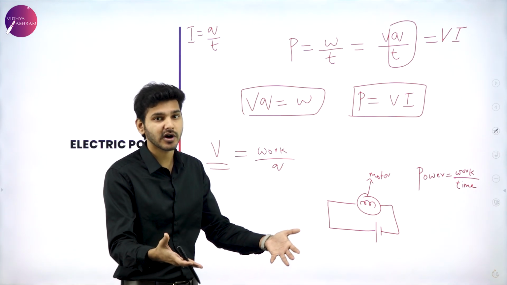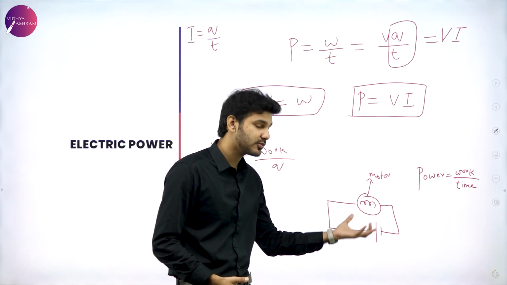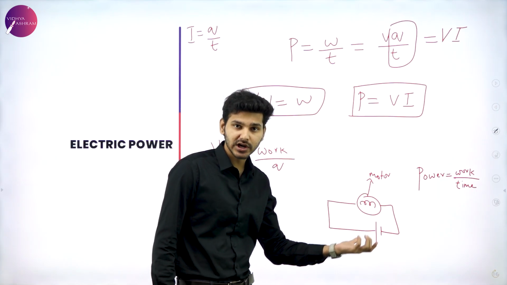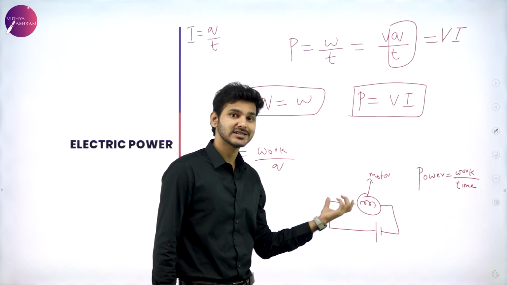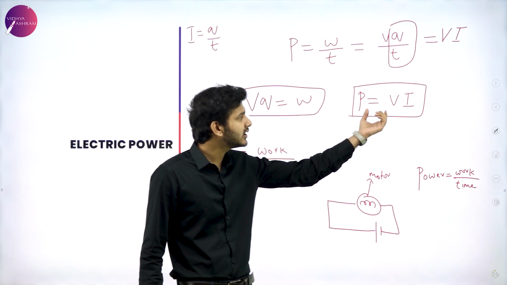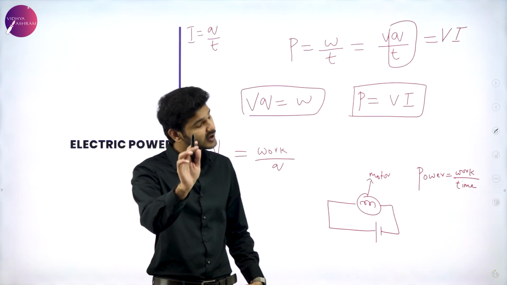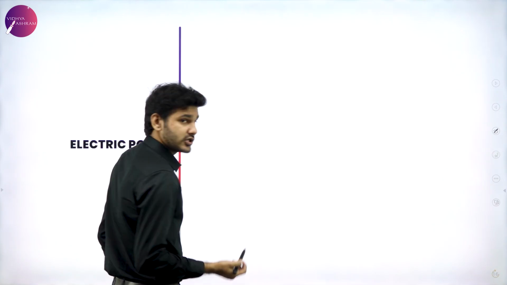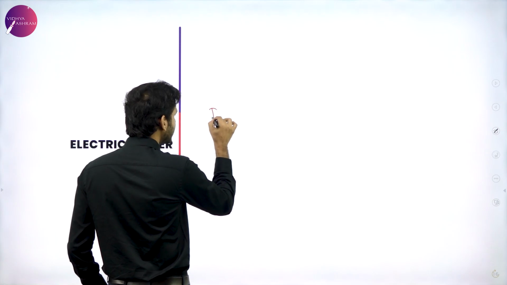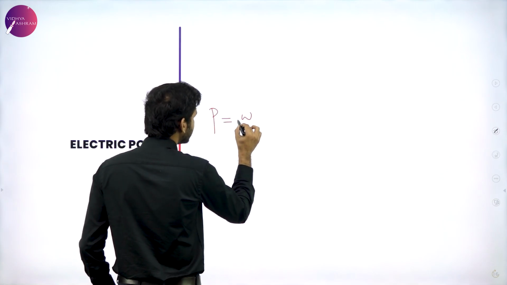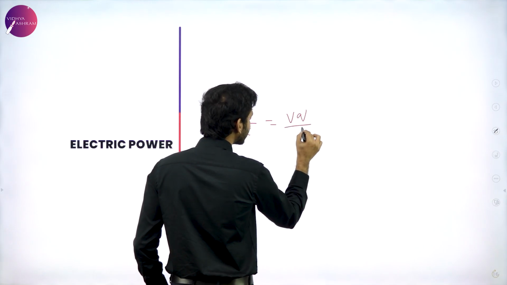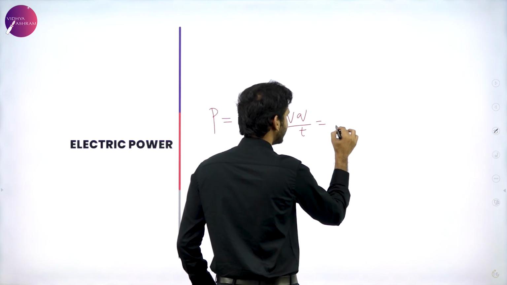Let's say 5 horsepower, so that this particular motor can work efficiently. So in order to calculate the power required for that particular circuit, I can use the relation between voltage and current. We are not exactly done here. We have to relate this to Ohm's law also. So we just figured out that P is equal to W by T, which is equal to VQ divided by T, which is equal to VI.